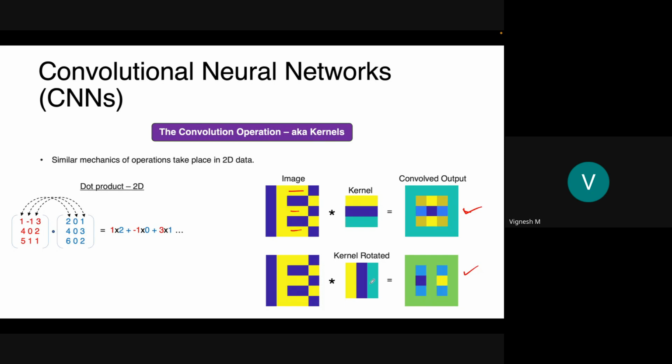And the same thing, when the kernel was rotated, now it's sensitive in picking up these vertical lines. So can you see that the output of convolution goes from images to certain features of the image that we are interested in extracting.